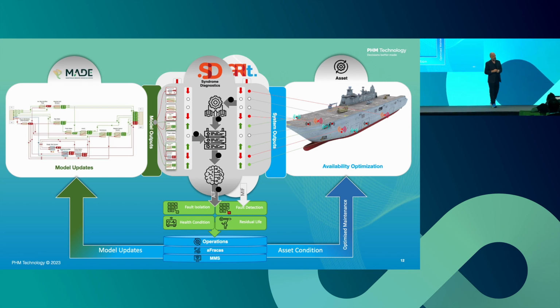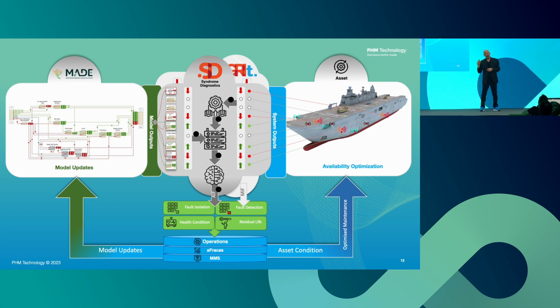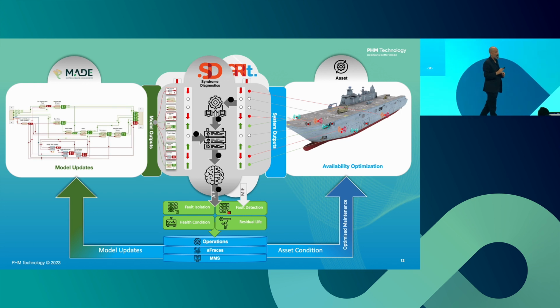The PHM module in MAID allows you to make sure that you have the right sensors, and then once you're in operations, simply what we're doing is we're looking at all the data that comes off the different sensors. We're synthesizing that to understand whether any of the patterns that we've identified in our safety analysis or our reliability calculations are associated with a particular pattern that's manifesting in the system during operation.